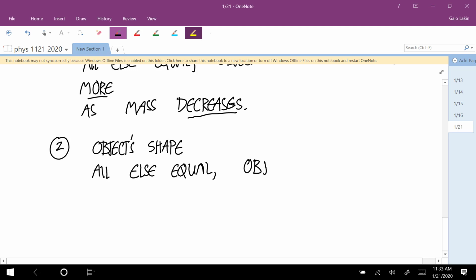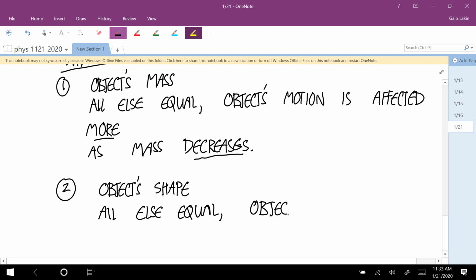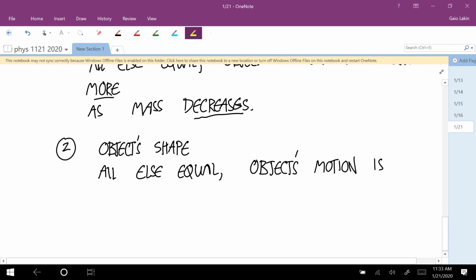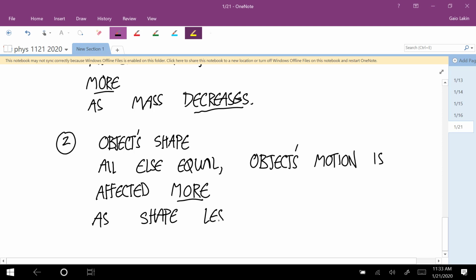So the object's motion is affected more as the shape is made less aerodynamic.